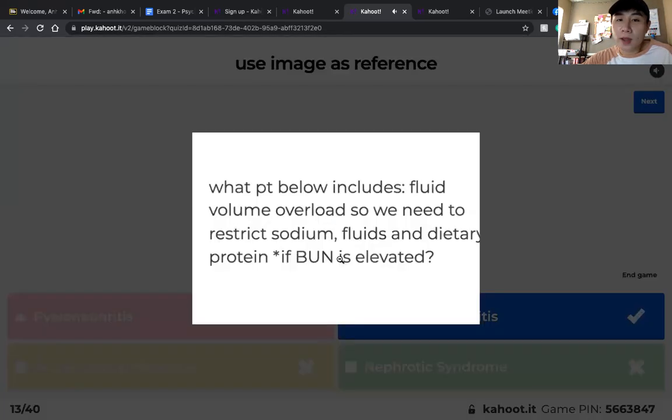All right, so glomerulonephritis. So what patient below includes fluid volume overload. So we need to restrict sodium, fluid, and dietary protein if BUN is elevated.